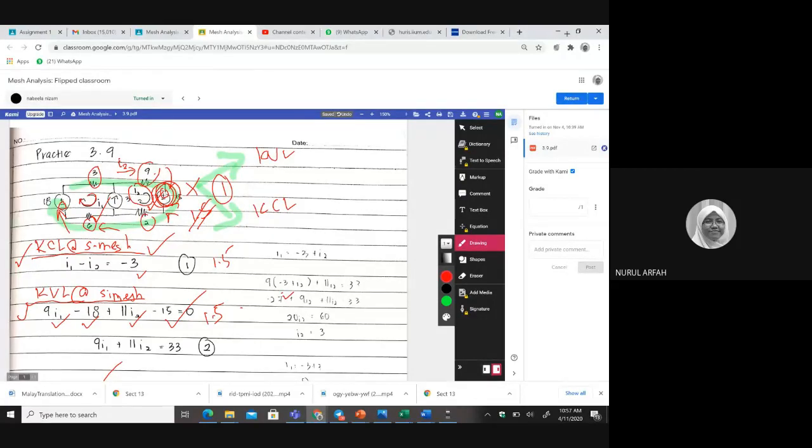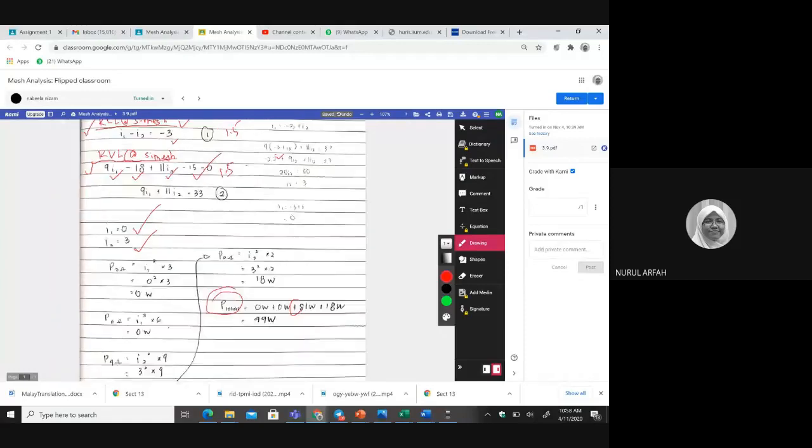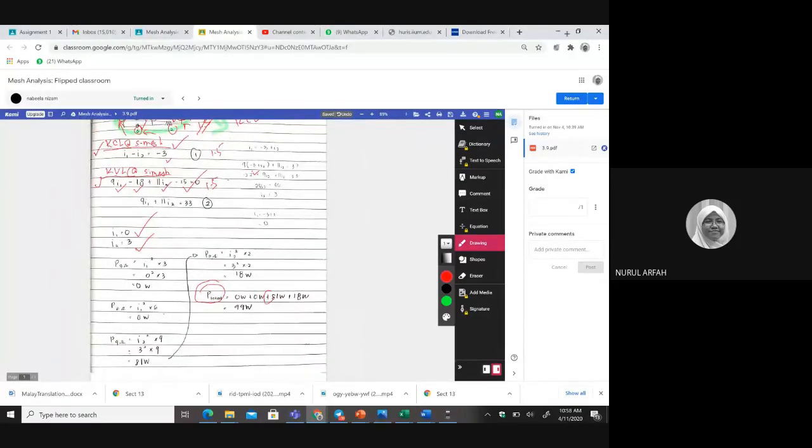Jadi for our class here, I don't want to check on the power, summation of all power, tapi it's supposed to be, this is a negative. In my class now, I want you guys to focus on the mesh analysis. So I will look back at this equation.